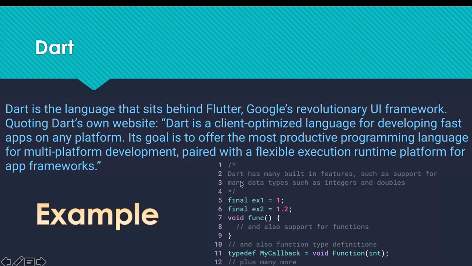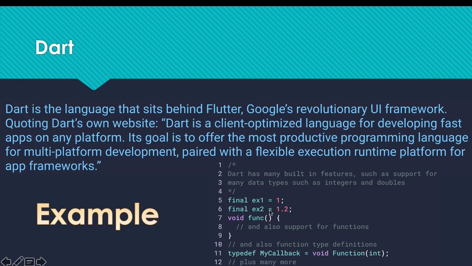Dart has many built-in features, such as support for many data types such as integers, doubles, and so on. This is the example of an integer variable, and this is the final example, 2 equals 1.2.